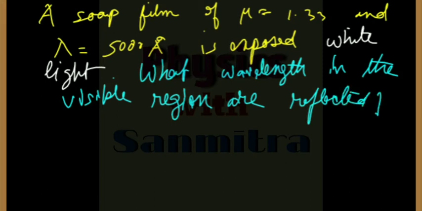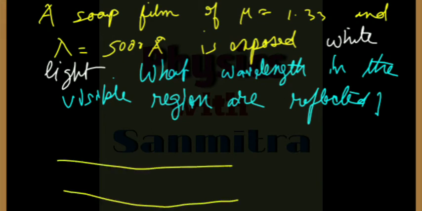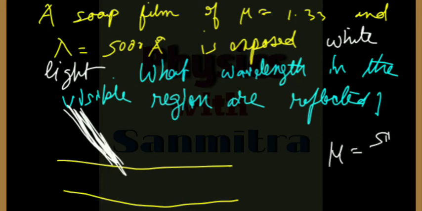Okay, now see, I am putting white light here. Now tell me one thing, this mu is equal to sin i by sin r, but let me tell you, this mu is not the same for all the colors, and some colors will bend the most and some will bend the least.